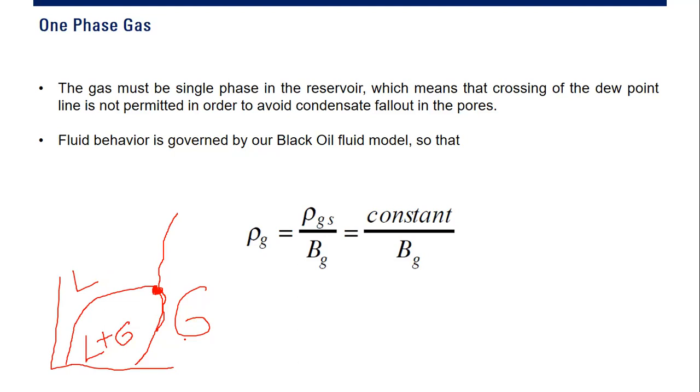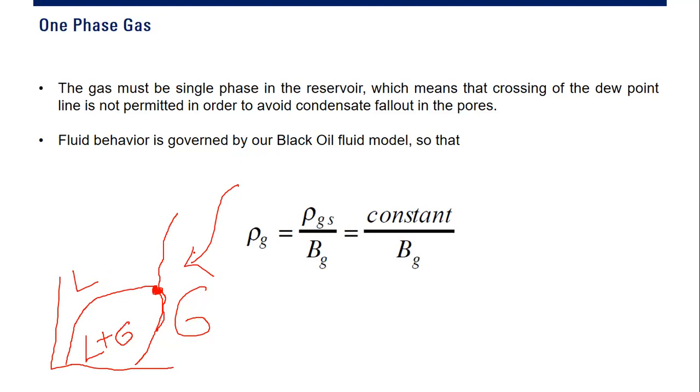So if we have a one-phase gas system in our reservoir, it means that we are in this zone. Ya, kita ada di dalam zona tekanan temperatur yang kanan. Ya, jadi kita in the gas zone, in the gas phase zone. That's if we want to have a one-phase gas system.